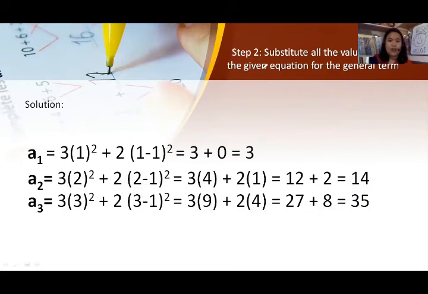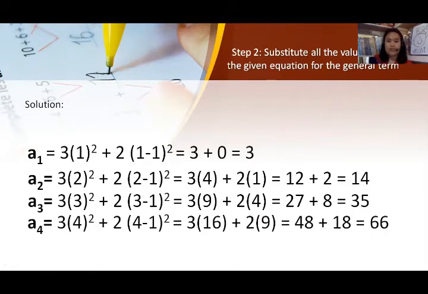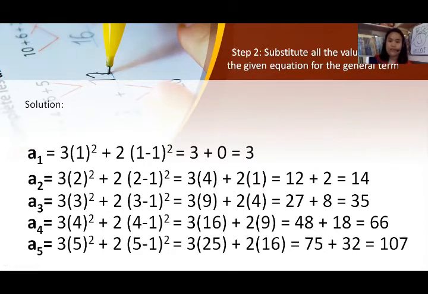Next, we have the next term. For the next term, we have 4 for the fourth term. So, ganun lang. Substitute lang natin ulit yung n, and then it will give us the fourth term as well as the fifth term. Ganun pa rin. So, again, you can pause this video for a while and then copy the lecture.